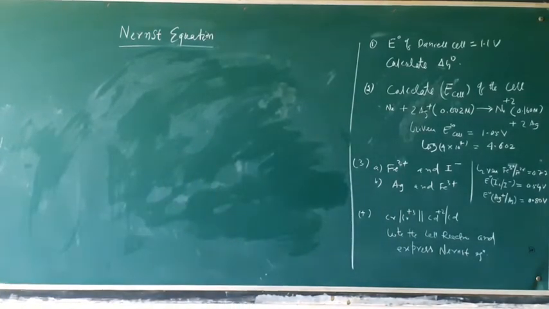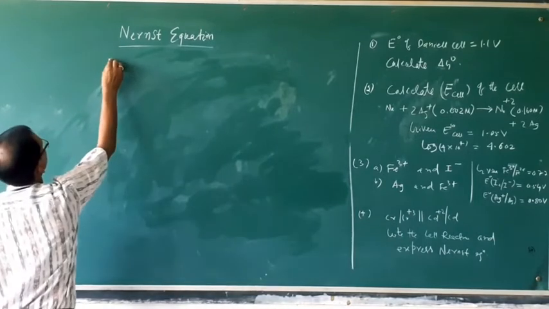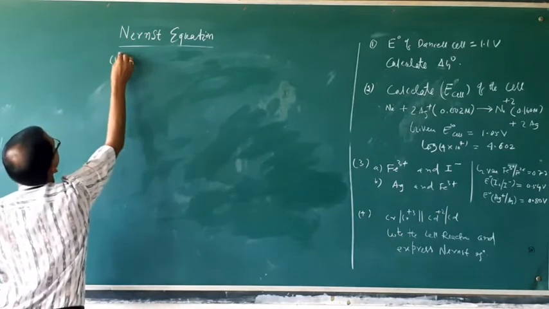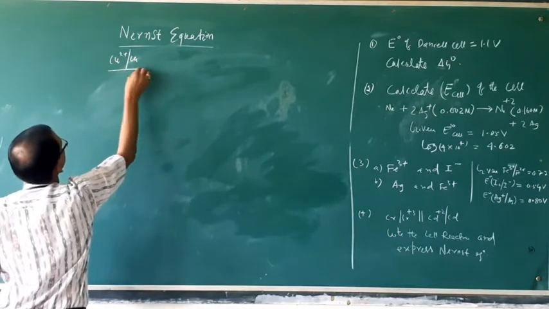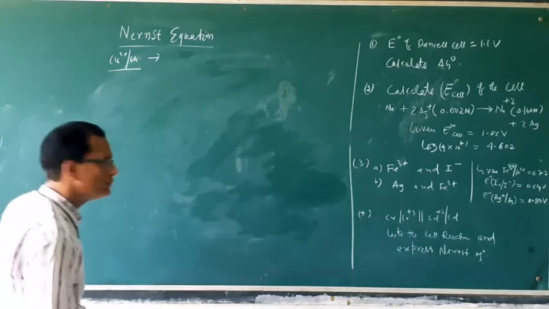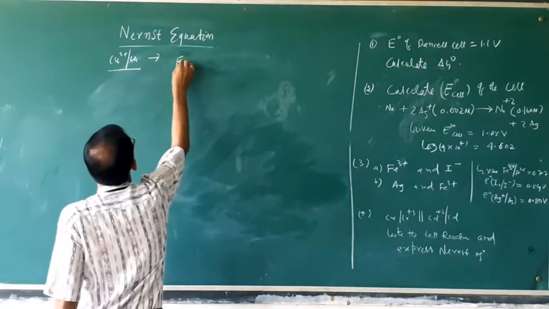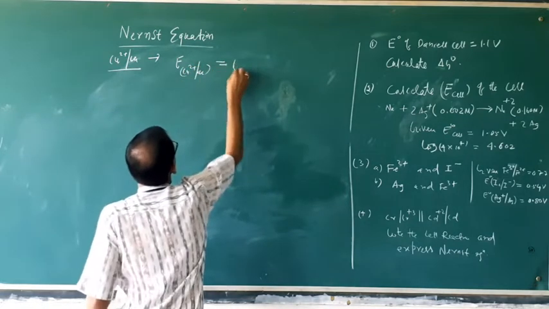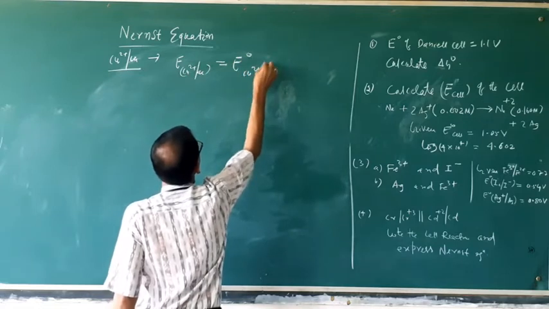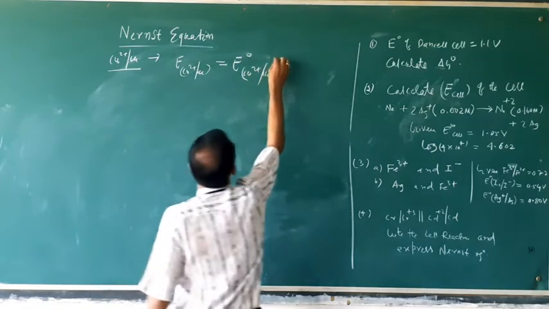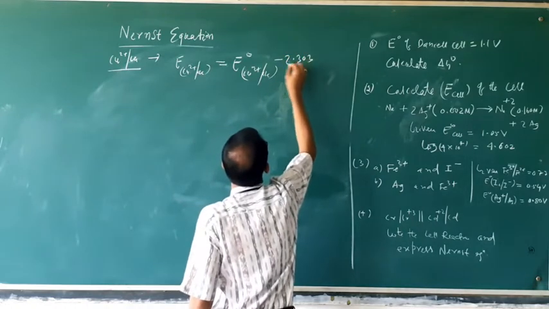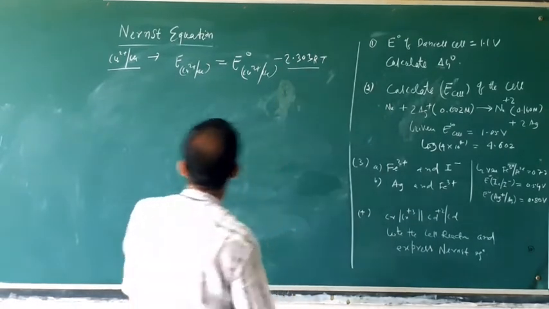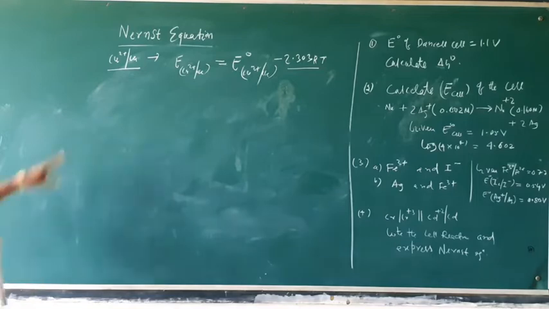It will be like this. For the copper cell, for Cu2+/Cu, what is the expression of E cell? E cell of this copper is equal to E naught of copper minus 2.303 RT by nF log, and what is the n value here for copper?